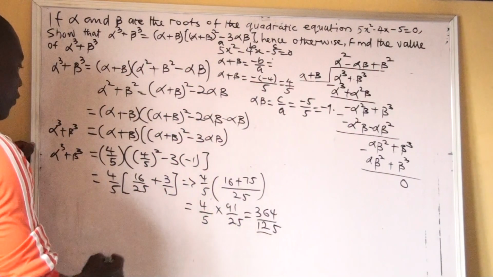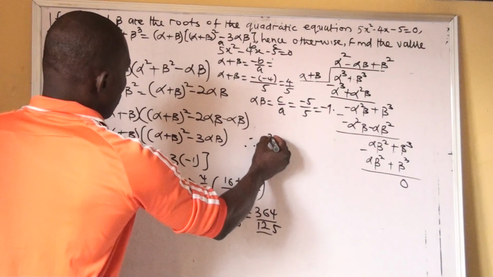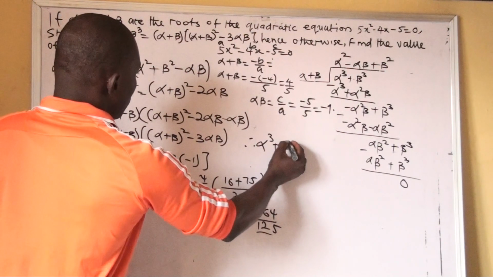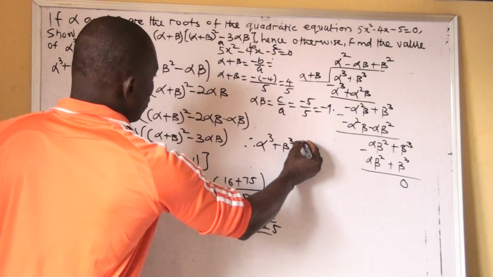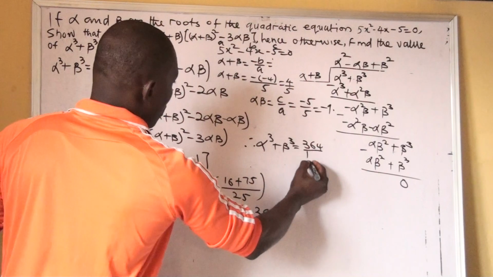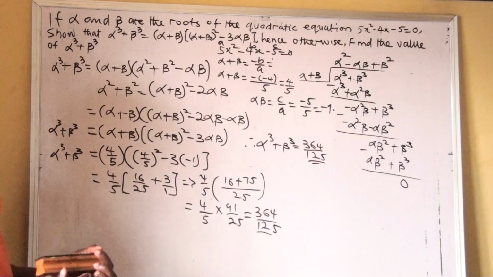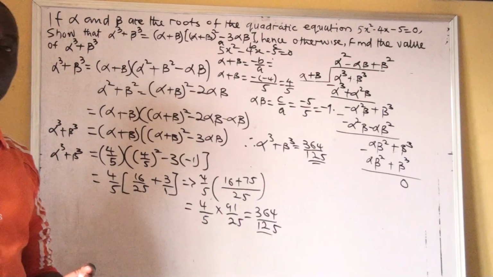So we can see that the value of alpha cubed plus beta cubed is equal to 364 over 125.